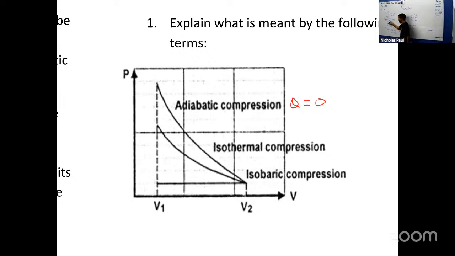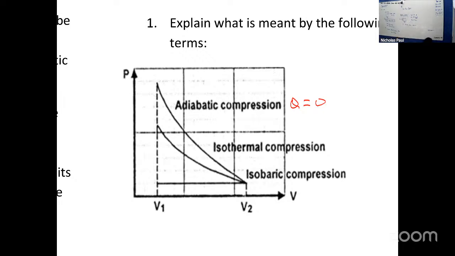So all of the internal energy change comes from the work done on the gas. All the work you do on the gas goes purely towards the internal energy. So in calculations, you might see an adiabatic process; Q is 0 and then it is solved.